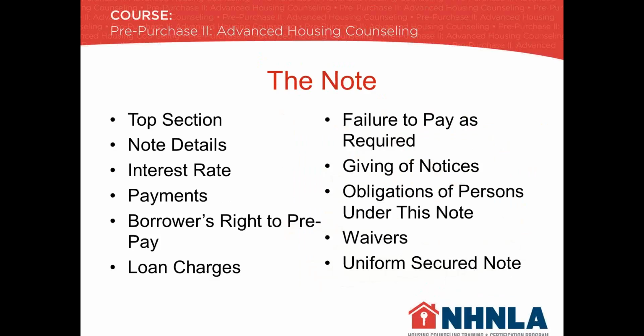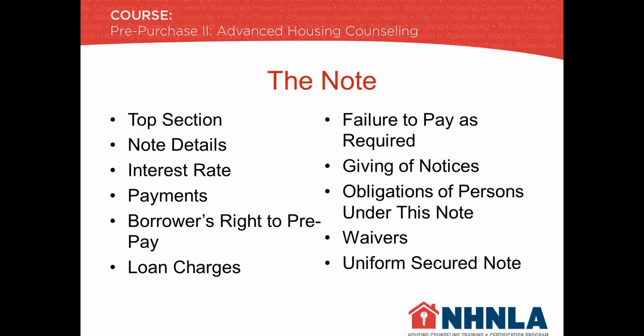So if you've taken a few minutes to look it over, you'll see that the note includes a lot of really important information here. The top section of the note contains the date, city, state, and the address of the property securing the note. The note details section is going to include information on what the borrower is promising to repay.